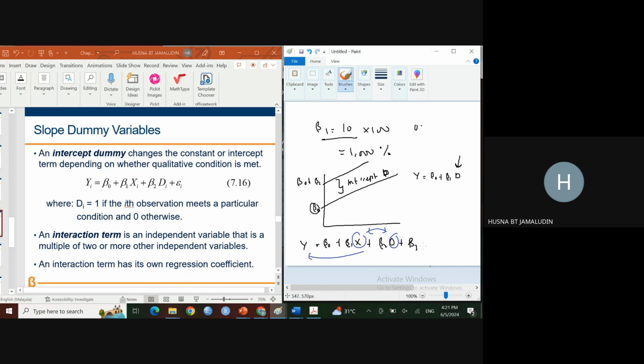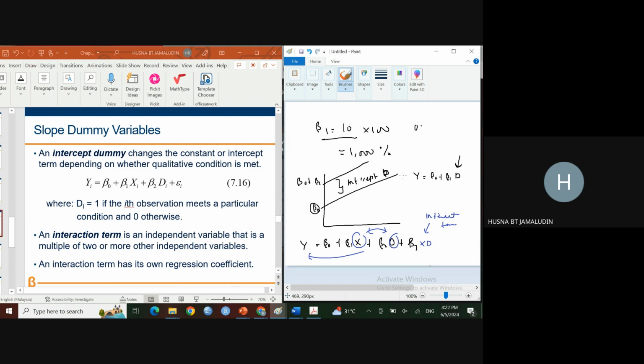So you have x multiplied with D, and this is what you call the interaction term. This is just an example of two variables. You can have three or more variables, and they form an interaction term because they interact with each other.